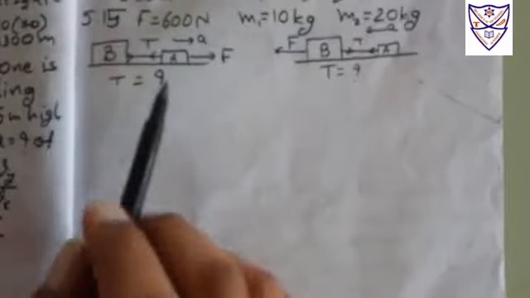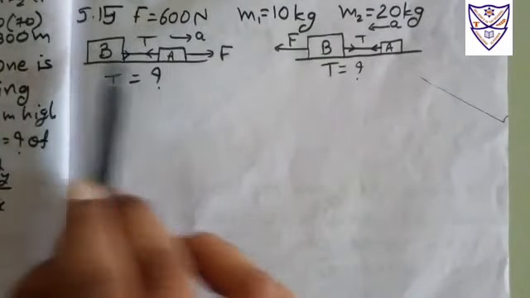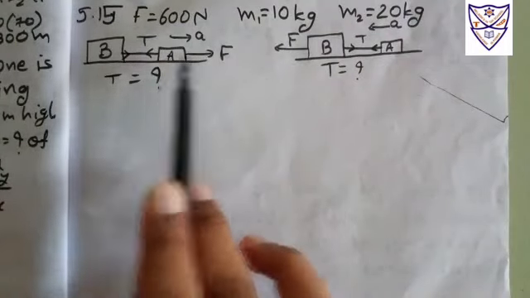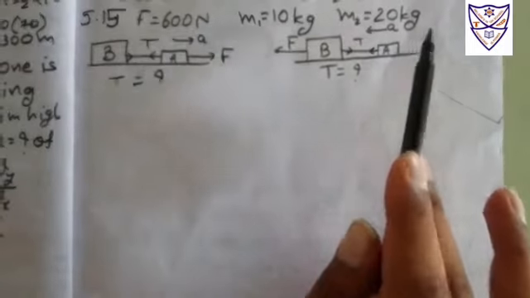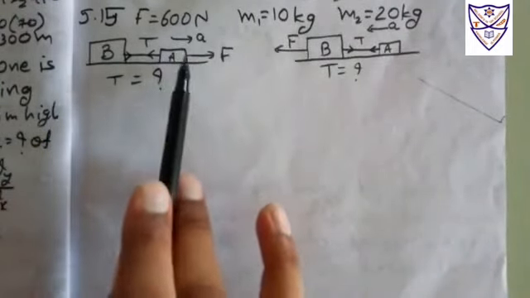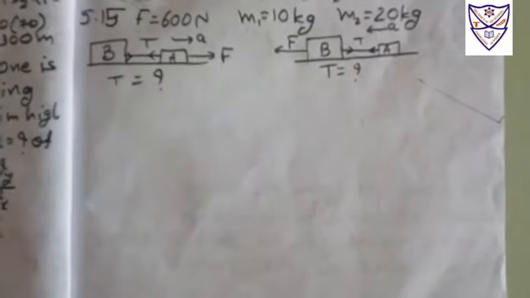In this numerical, we have a system force exerting on an object, which is 600 Newton. Now our A block has mass 10 kilogram, B block has mass 20 kilogram, and in the first case we just put some force on A block, right? So we have to write the free body diagram.